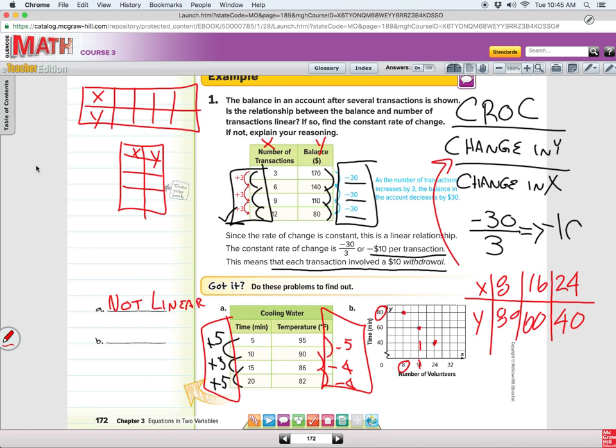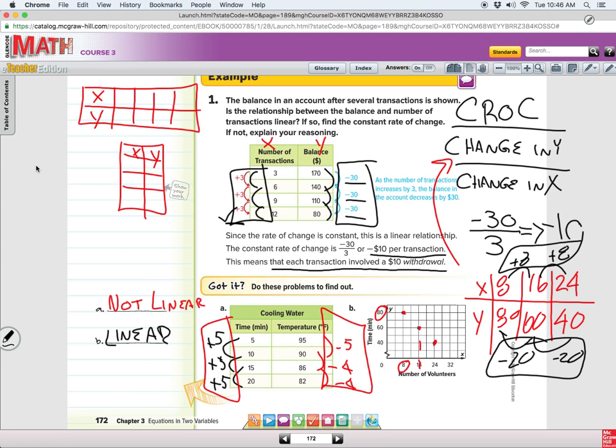Okay, so that should be able to do it. If I do like the skip counting, I know this is plus 8. I know that this is plus 8. Okay? From 80 to 60, I have to subtract 20, and I have to subtract 20 here. So since these are the same up top, these are the same up bottom, it is linear.